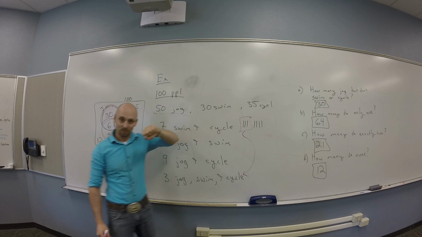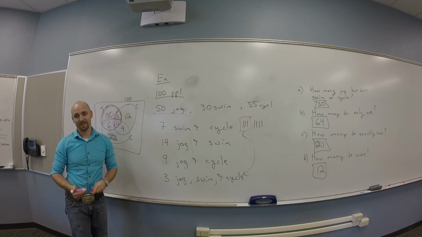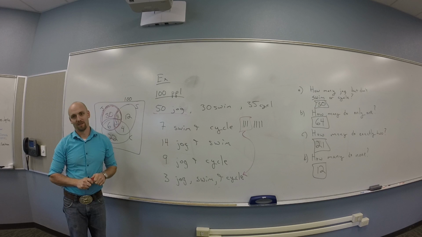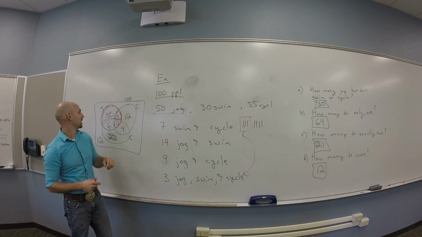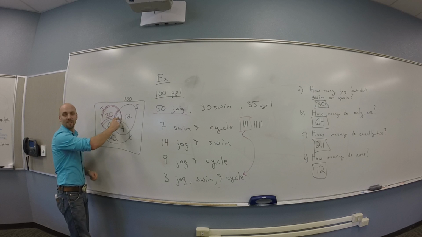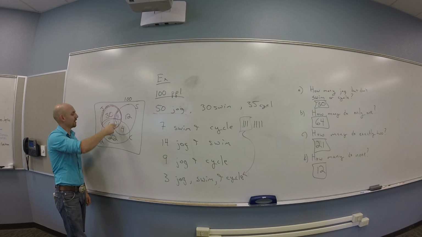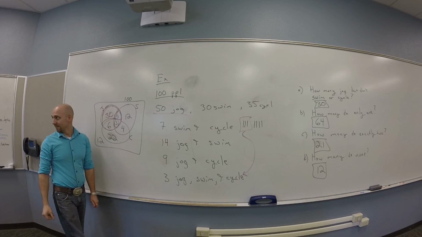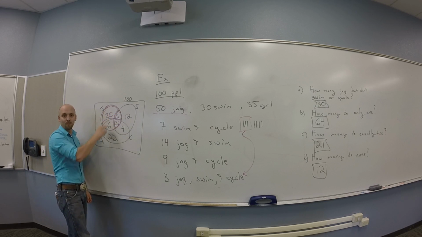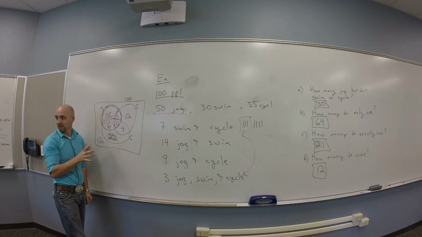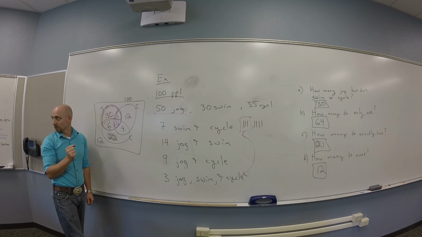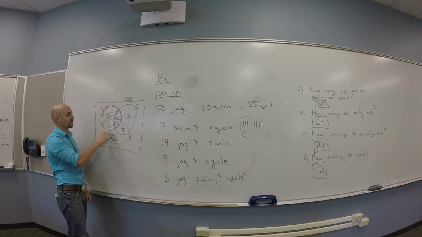Because you have overlap. People who jog and swim and cycle would be counted more than once. The double overlaps that aren't the triple get counted twice, and the triple overlap gets counted 3 times. But as they stand, the little numbers that I've got are all disjoint sets, so I'm just adding up all of these little disjoint sets.